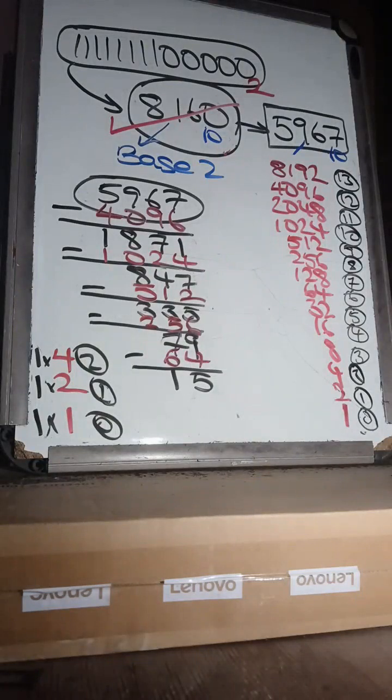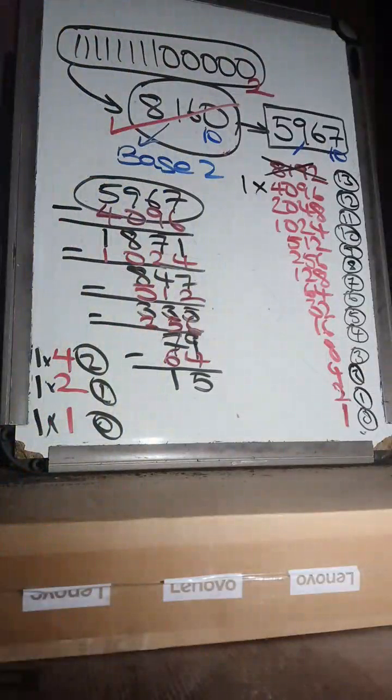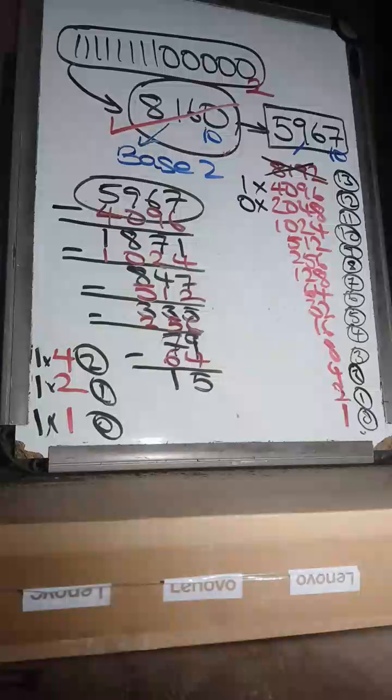Now what we said we could not use was the 8,192. We used one of 4,096. We used 2048.